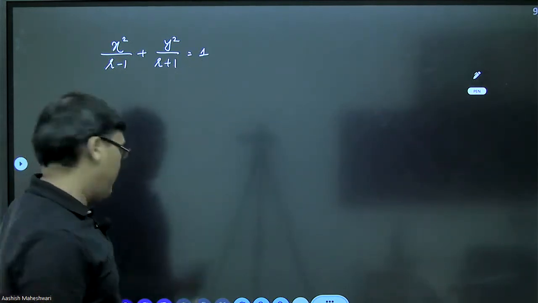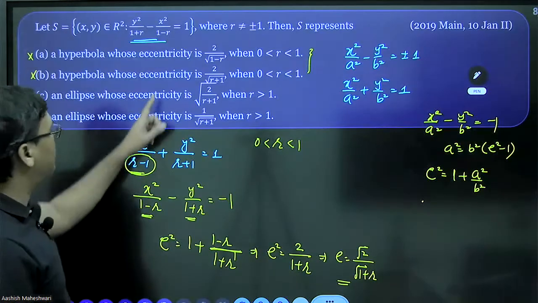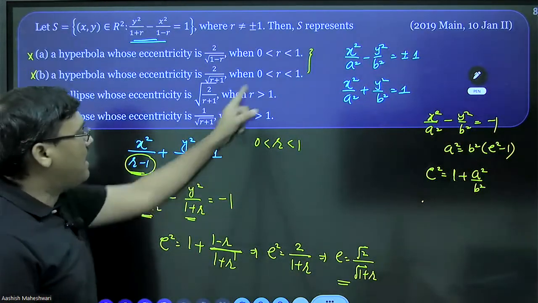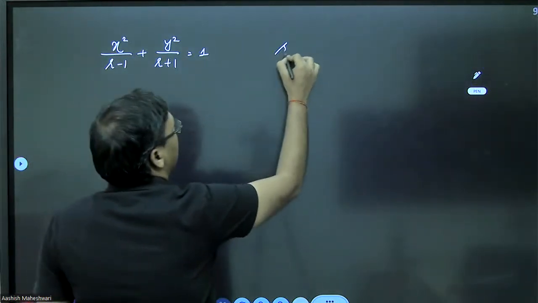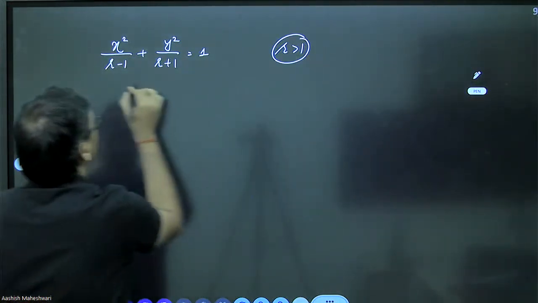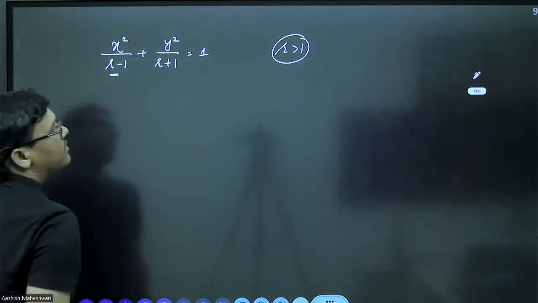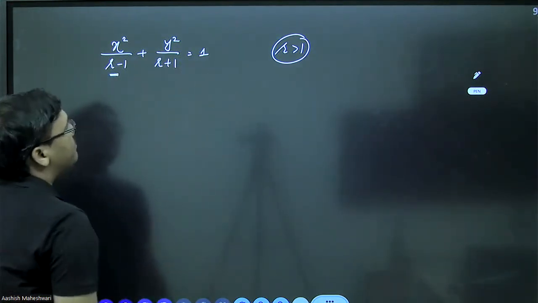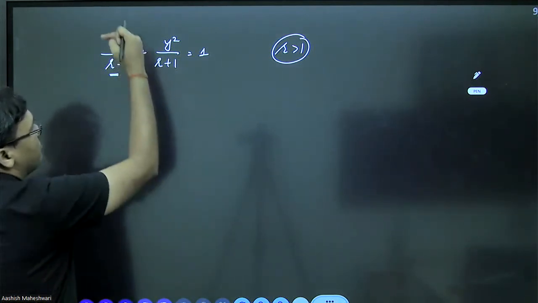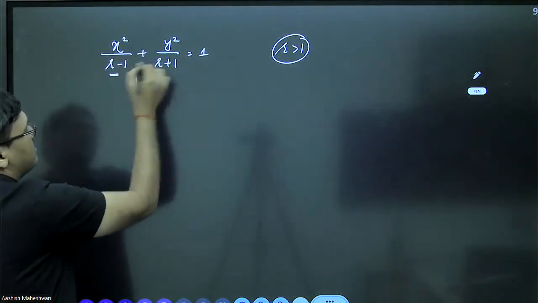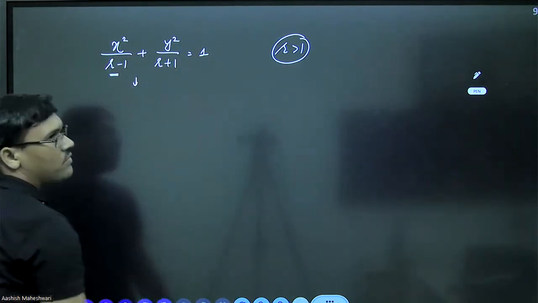Now see the options C and D. R is greater than 1. So you can see here, if r is greater than 1, this quantity is definitely positive. So this is the equation of an ellipse, that is correct, because this is of the form x square upon a square plus y square upon b square equal to 1. This has to be positive.